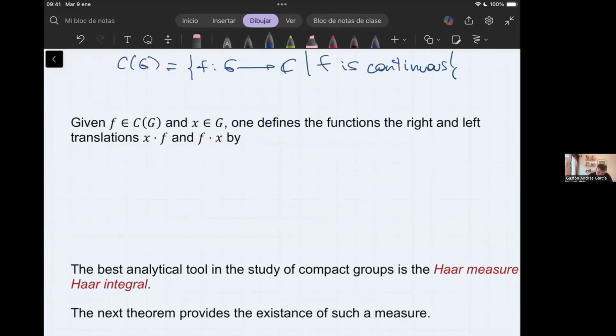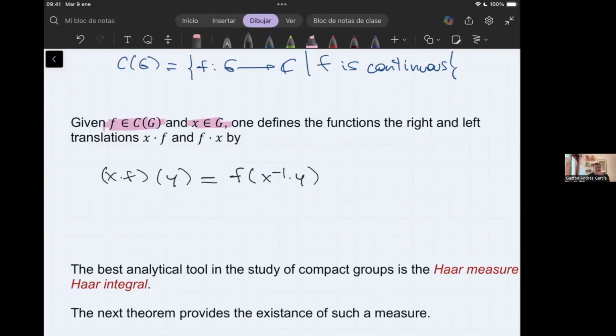So we pick a function f, a continuous function, and an element g, and we define the function obtained by multiplying on the left by an element of G. It is defined by saying that the result on an element y of G is given by f of x inverse times y.